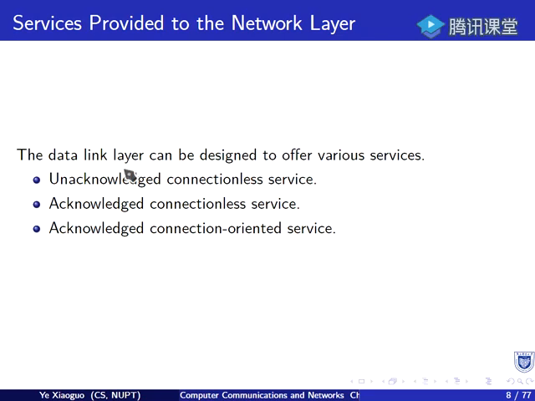The data link layer can transmit a packet or frame for the network layer. But what kind of services? Reliable or unreliable? Real time or not real time?